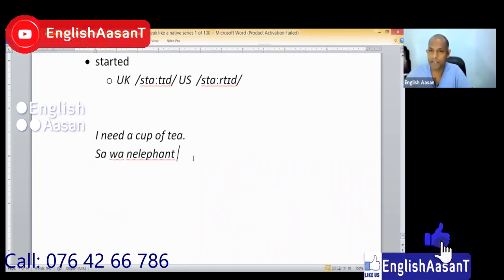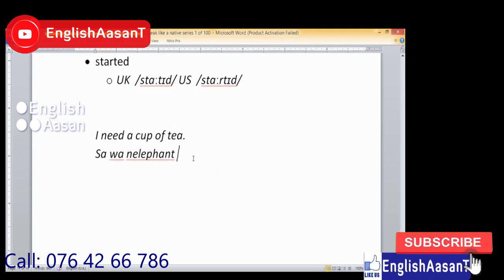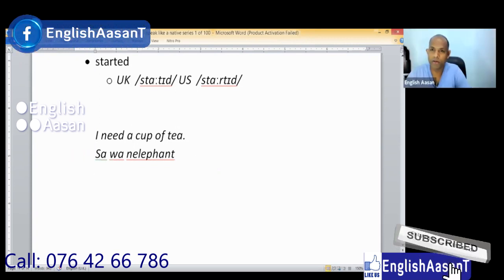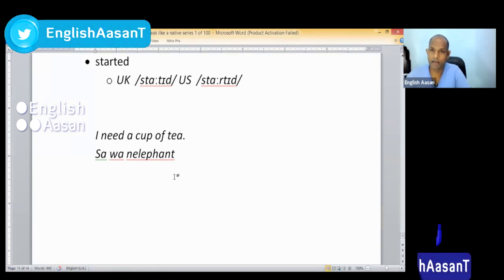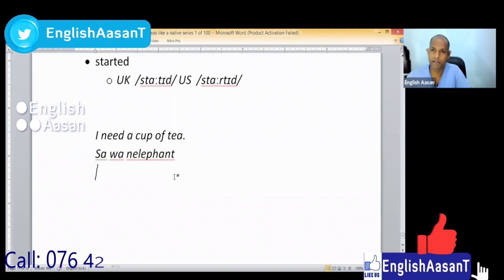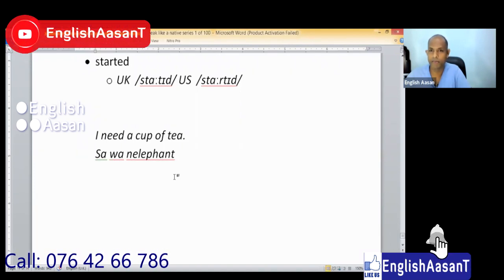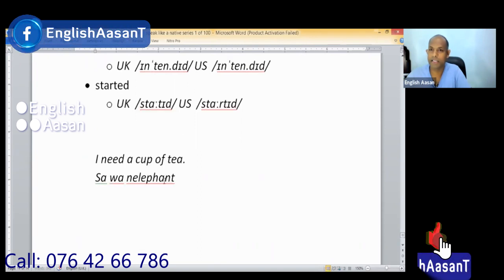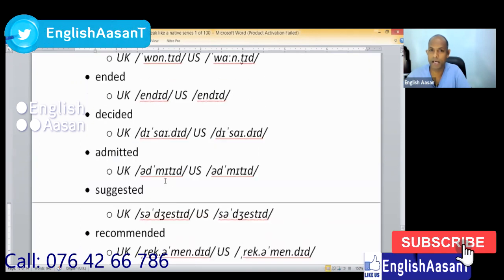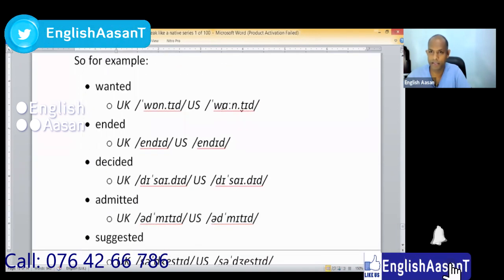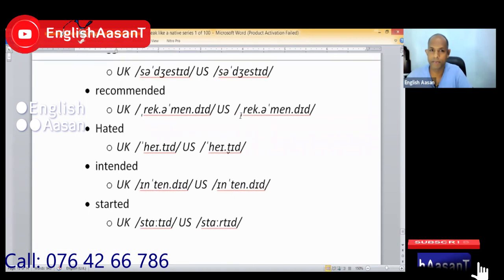Linking is a separate subject. We had already looked at some consonant to consonant linking in our first or second chapter, and we will look at vowel to vowel and consonant to vowel also. That's linking, but that's not the exact pronunciation of the word. That's connected speech, the natural way. So you can check it.